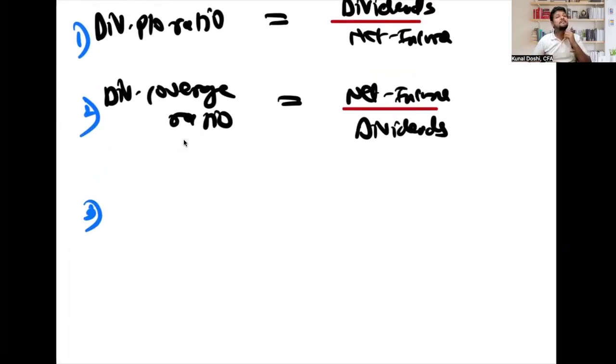Dividend is completely paid from the earnings, right? So when I say dividend coverage, it basically tells me how much of the dividend I have covered by the net income.